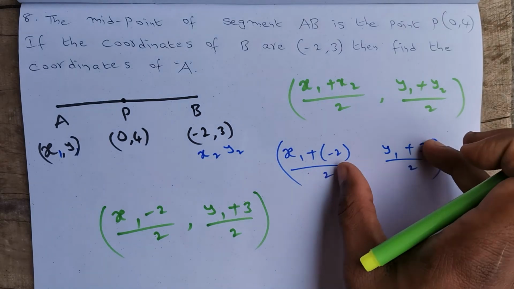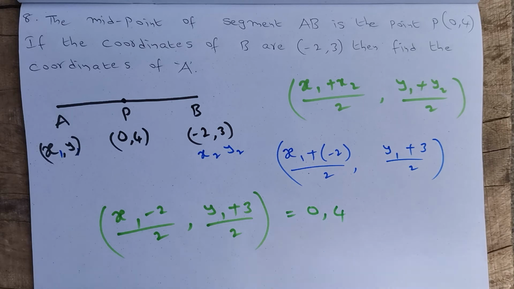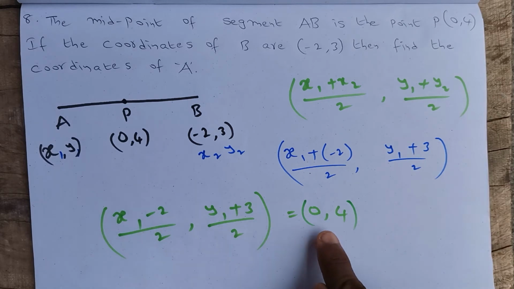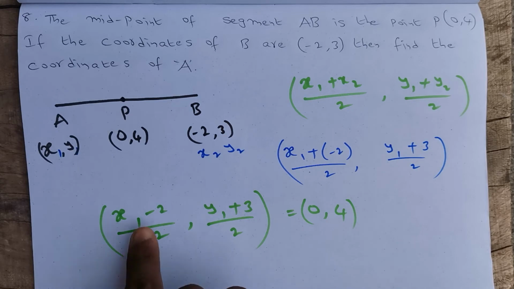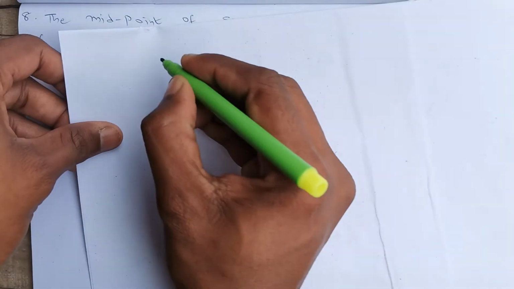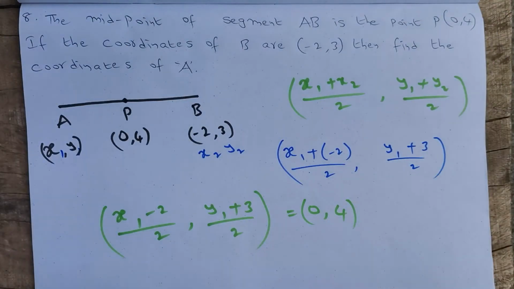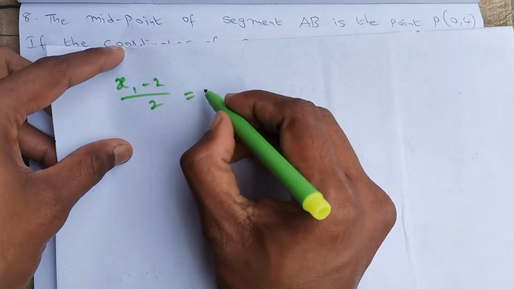This is the midpoint, but according to the question the midpoint is (0, 4). So make it equal to (0, 4). Make the x coordinate equal to this x coordinate, make the y coordinate equal to this y coordinate. (x1 minus 2) by 2 is equal to, here x coordinate I am taking, so here also x coordinate only, equal to 0.